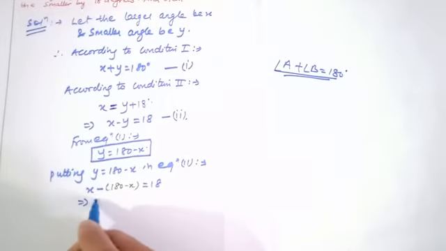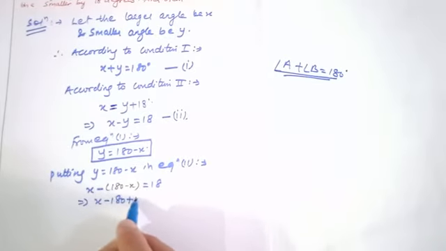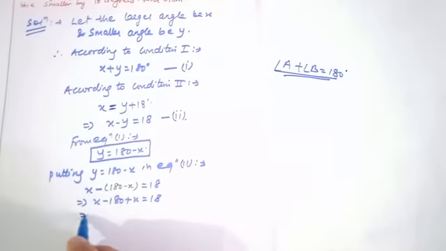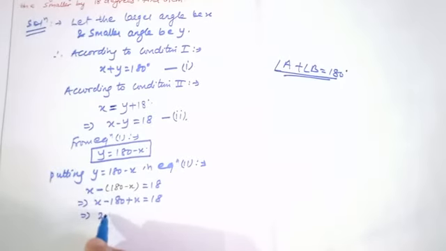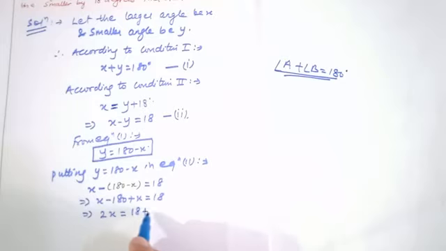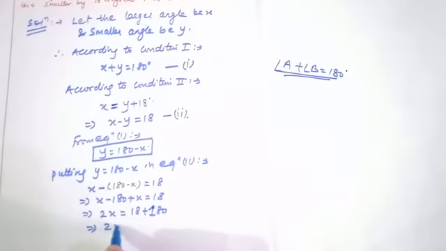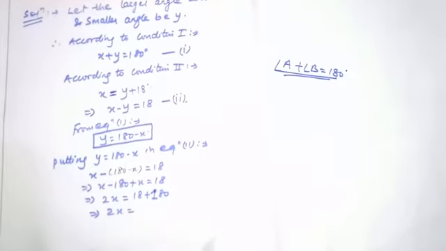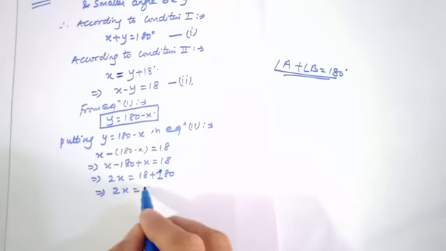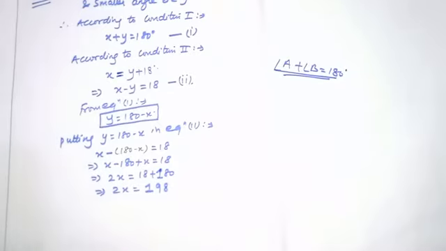This means x minus 180 plus x equals 18, so x plus x will be equal to what? 2x equals 18 plus 180. Is that clear, students? Now 2x is equal to 18 plus 180, which is 198.